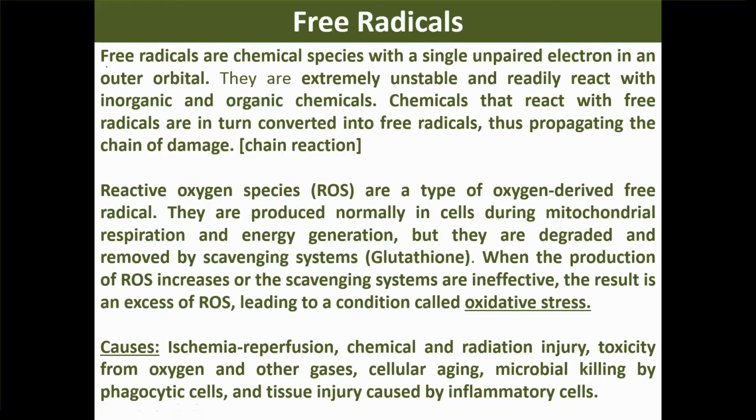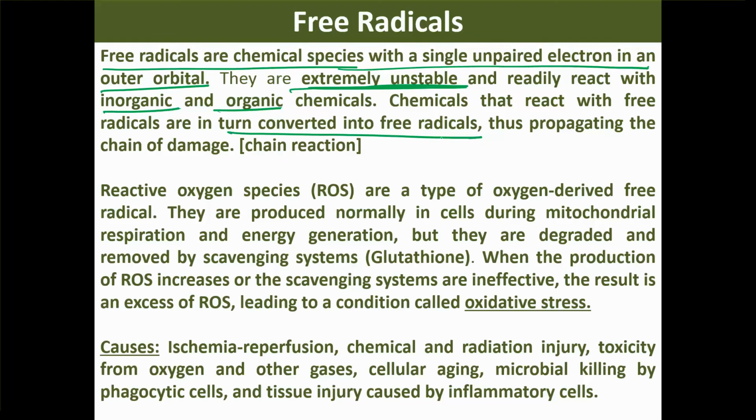So free radicals are chemical species with a single unpaired electron in an outer orbit. They are extremely unstable. They always react with all chemicals, inorganic or organic, and convert them into free radicals. So it is a chain reaction.